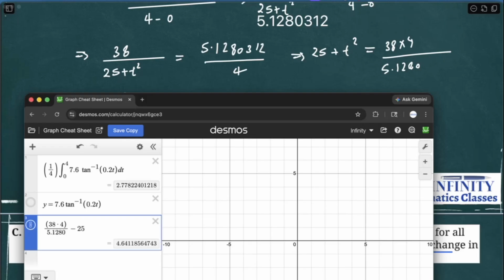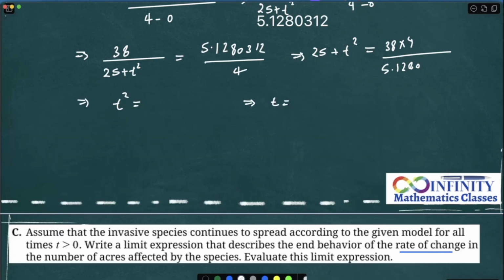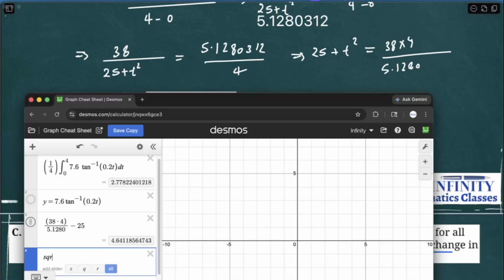So the value is going to be 4.64118. Square root of how much is it? It is 2.154, if it is not incorrect. I know you will be getting two values, positive and negative, but we will be using the positive value only because t is representing the time.